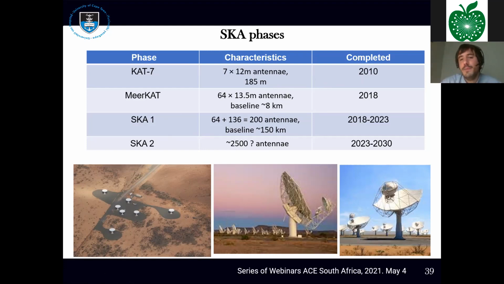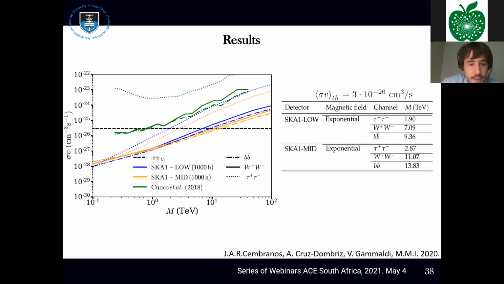The project is expected to be complete in 2030, so it will be possible to set better constraints for dark matter with SKA2.